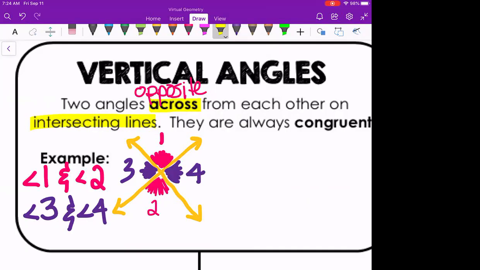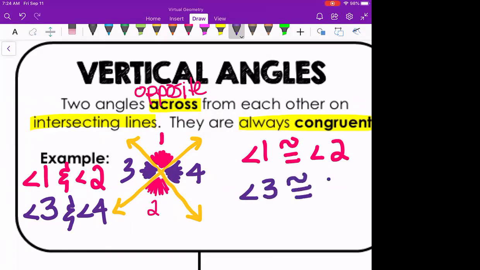So the last thing that I want to talk about specifically with vertical angles is one of our big ones, because vertical angles are always congruent. They're always going to have the exact same measure. So whether we're looking at angle 1 and 2, they will have to be congruent because they are in opposite spots. They are across from each other. The same is true for angles 3 and 4.